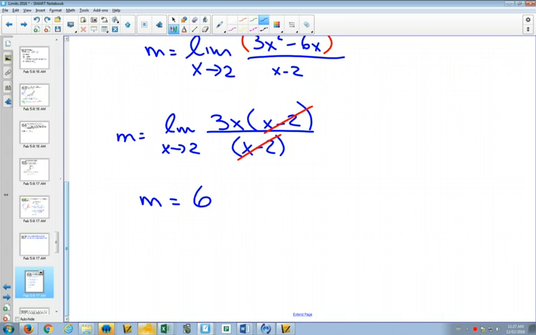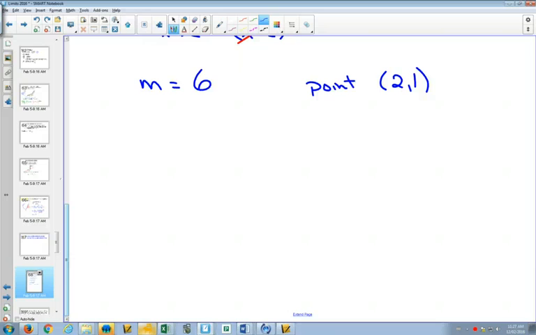Now we have our slope, and we have our point. How do we find our equation of our line? Well, I'll give you two different ways, sort of a review of two different methods you might have used in grade 10.